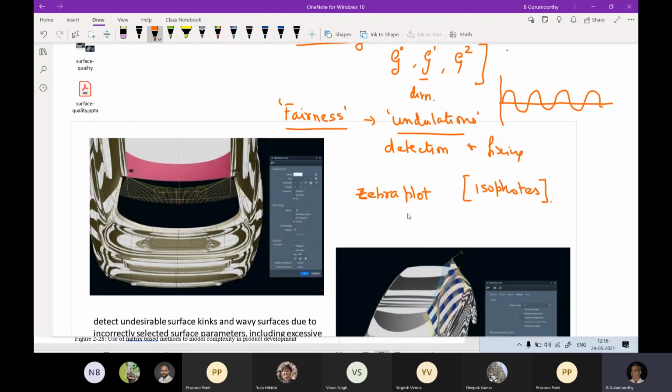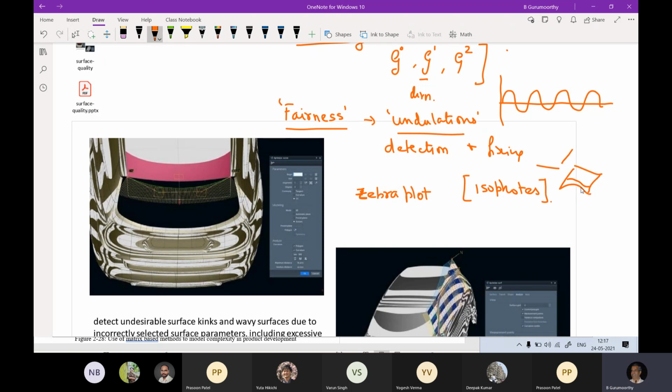The idea essentially is that I have either a sheet of light or a line of light, and I plot the reflection of that sheet of light on the surface. If I have a light like this, then it will bend like that if I don't have that many undulations, and that will tell me that this is some bend that I want in the surface.